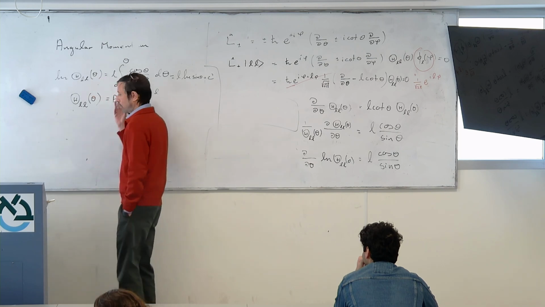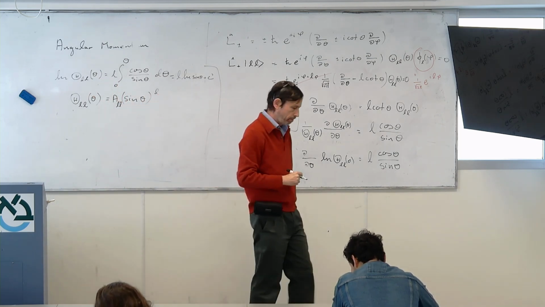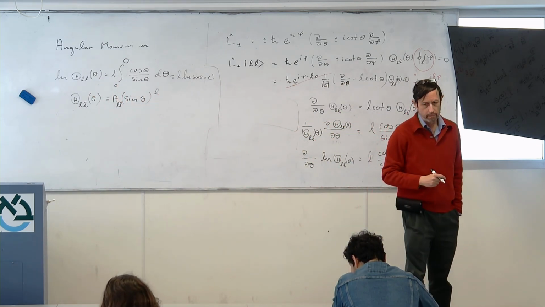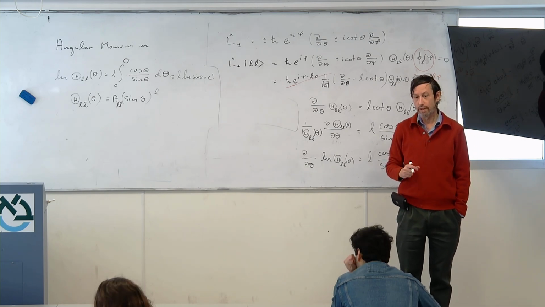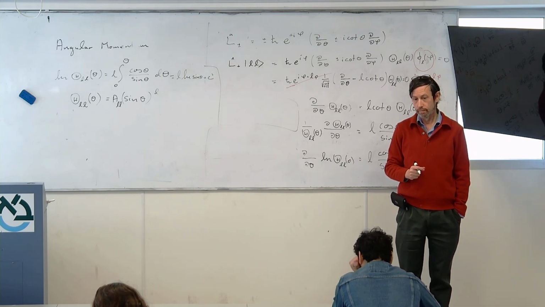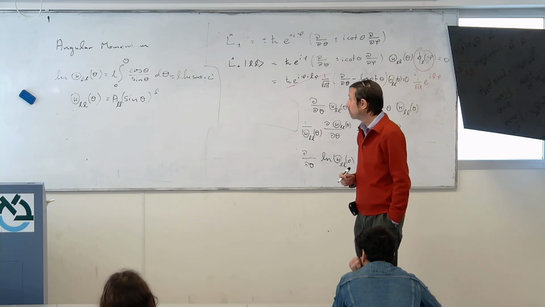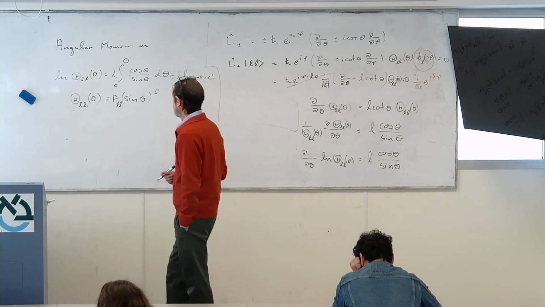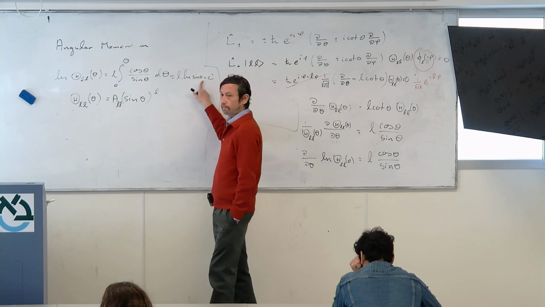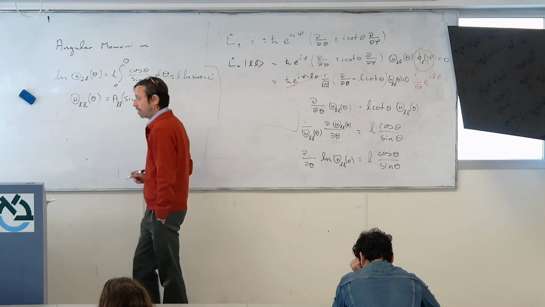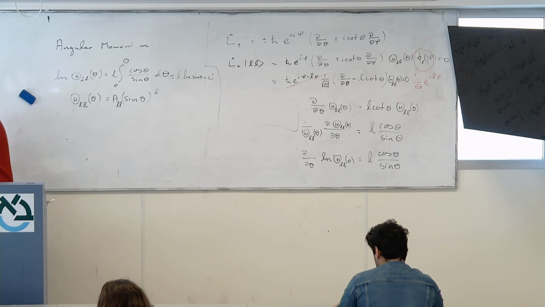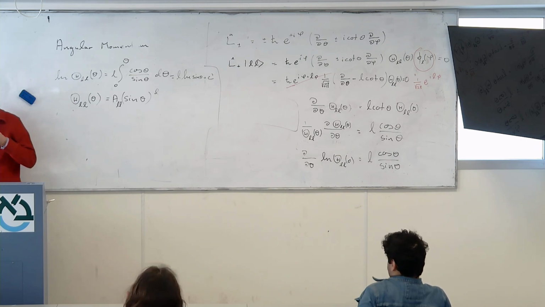I have some normalization constant times sine to the power of L. Just because it's a ln, I can take the L and put it as a power of the argument of the logarithm.